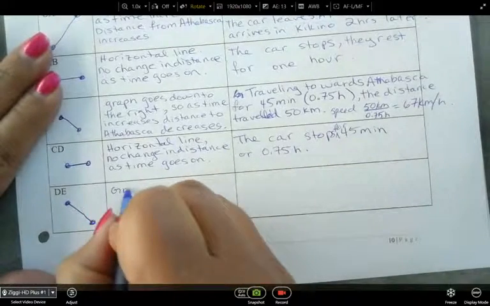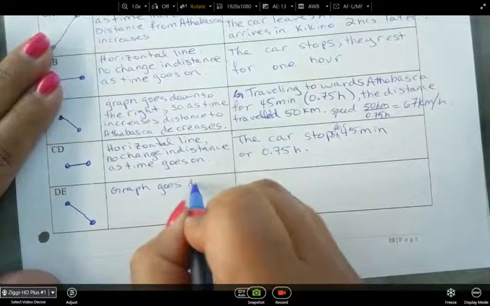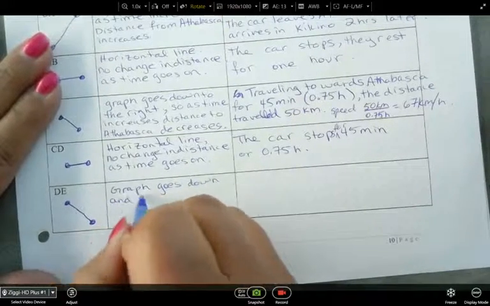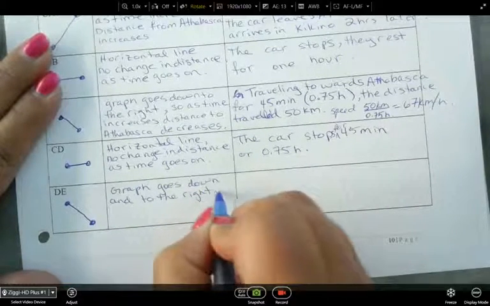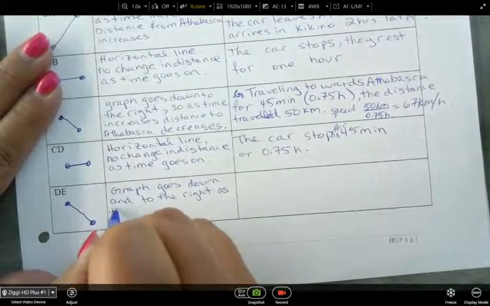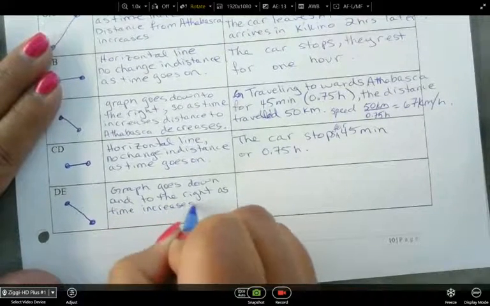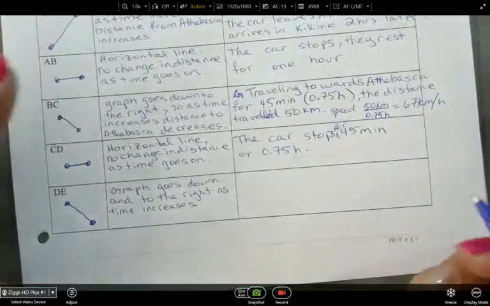The graph goes down and to the right as time increases. All right, so they end up back at home.